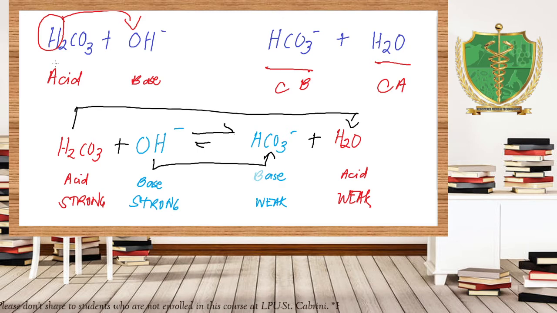Next, another example. We have here hydronium ion plus iodide. It will give us now water and hydroiodic acid, or HI.